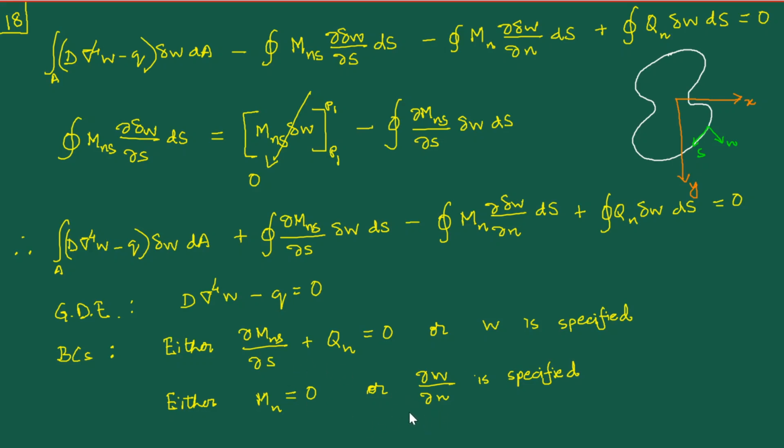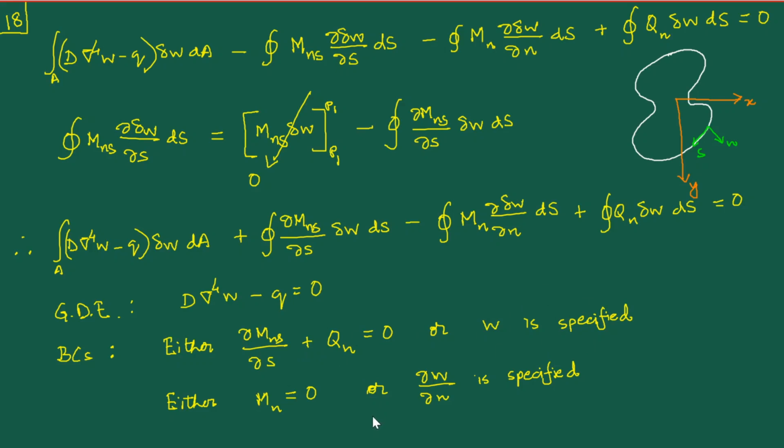Just to mention the physical interpretation of this, if for example our plate is clamped, then we would know that along the entire periphery the w would be 0, but more importantly w would be specified. So for a clamped plate we would have to consider this and reject this.